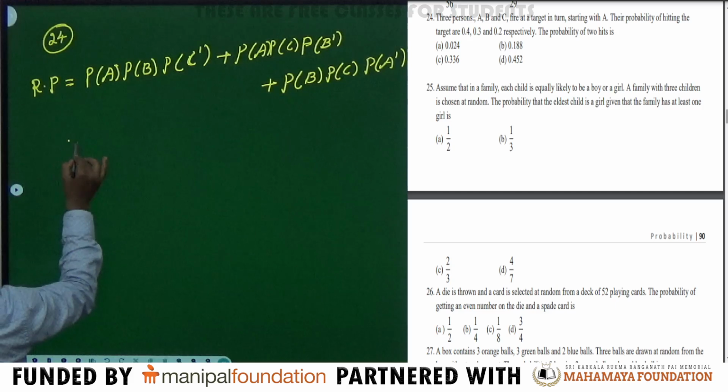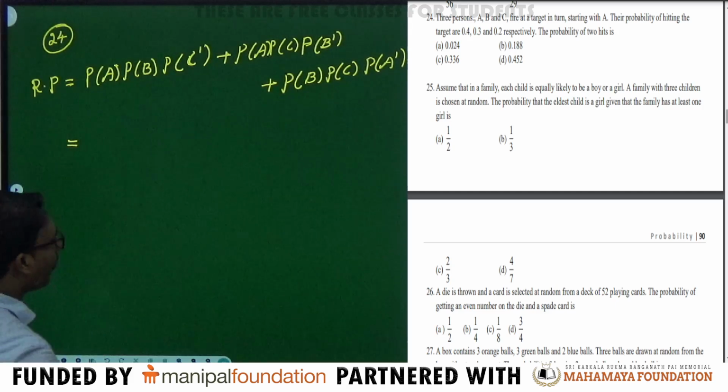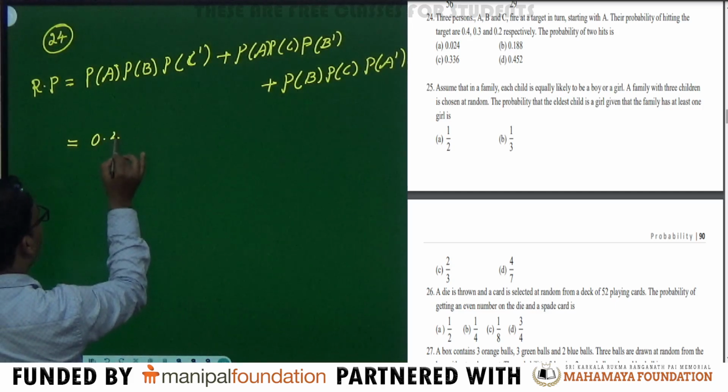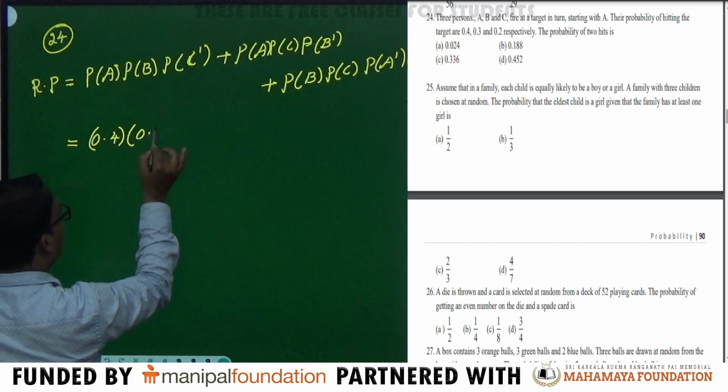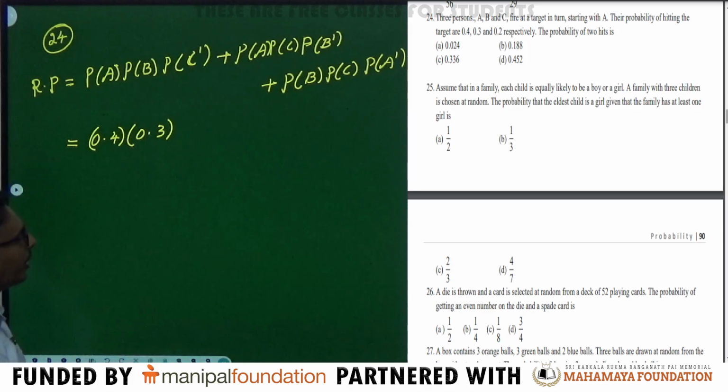So, they given that P of A value is 0.4, P of B value is 0.3, P of C value is 0.2.